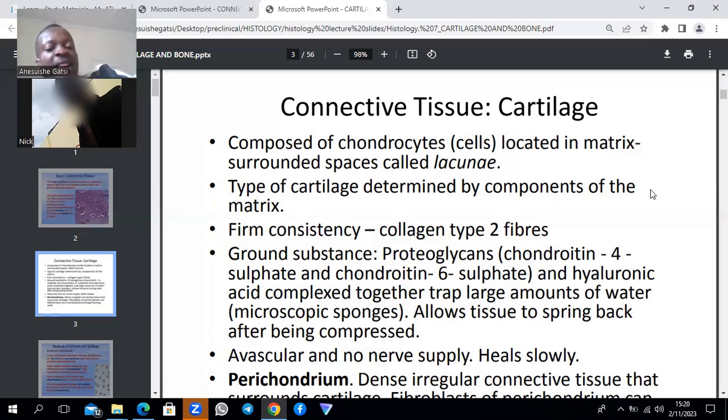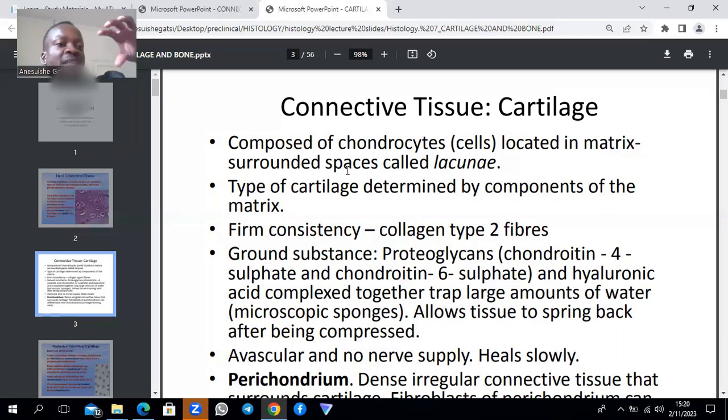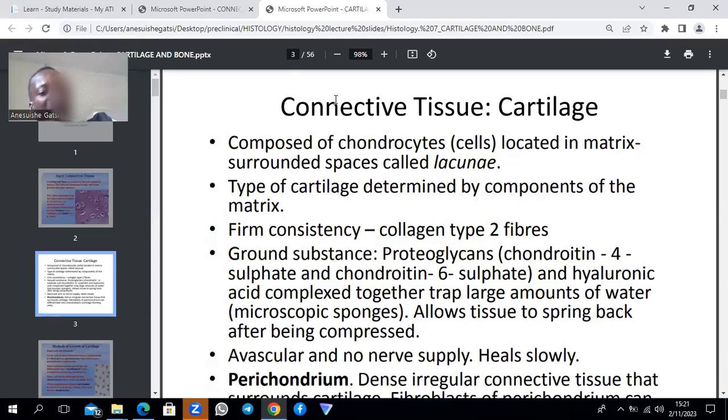Then the chondrocytes in cartilage are located in matrix-surrounded spaces, or little pockets of space within your extracellular matrix, which we'll now call lacunae.